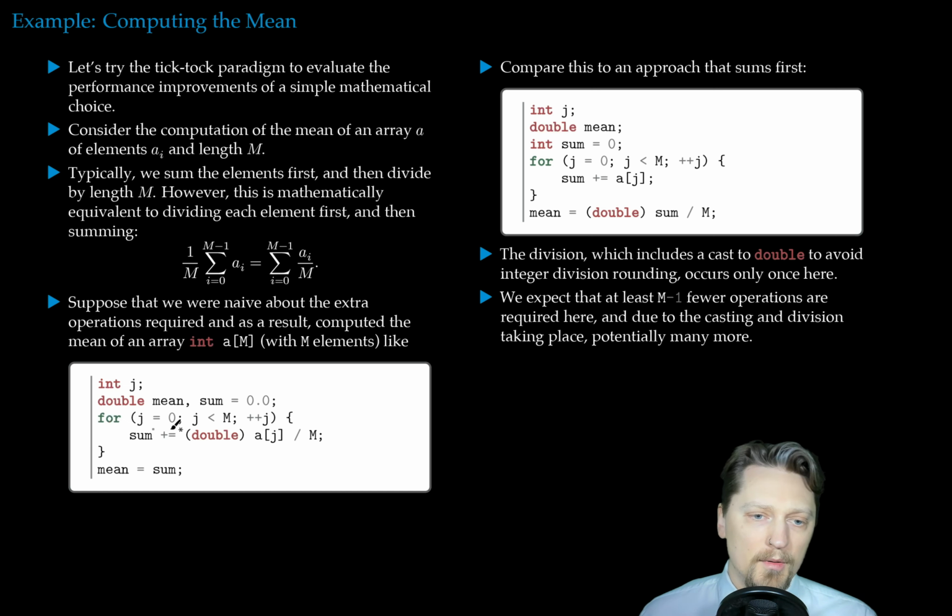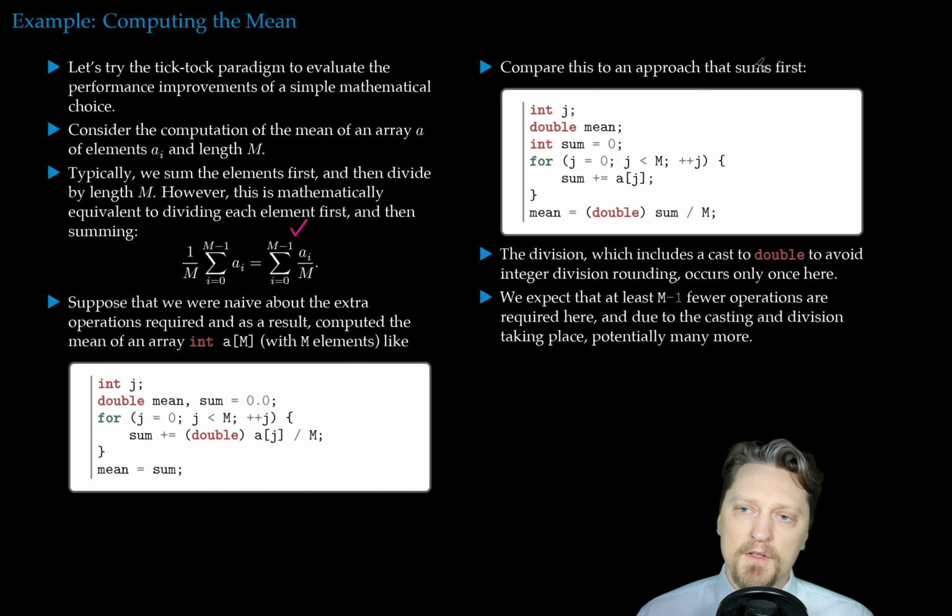We have a for loop that starts at 0, goes up to m minus 1, and increases j incrementally by 1. Sum plus equal, so sum is equal to sum plus the division of the jth element of A and m. So we're instantiating the right-hand side here. Mean at the end is equal to the sum. So we sum it up, and at the end of the sum, we have the mean.